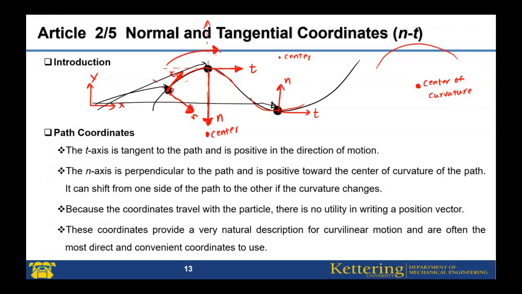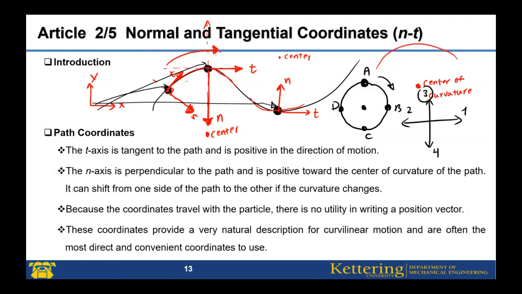Okay, now one simple question, just to show you the correct direction of the particle. For example, the particle moves from point A, goes to point B, and also C, and also D. This is the clockwise direction. At each point, if I put right as 1, left as 2, up as 3, down as 4, now at position A, what is the correct direction of the tangential axis?